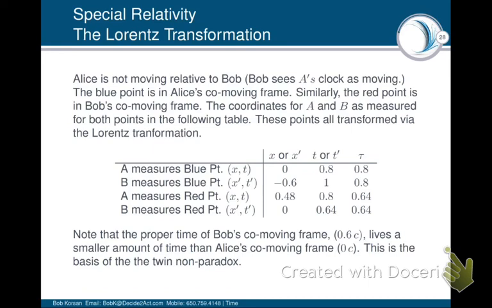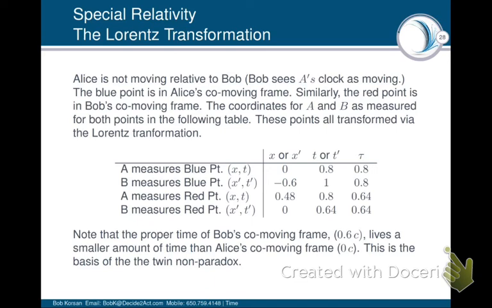And because he's moving, he has a shorter time than Alice has. Alice has 0.8 meters of proper time, whereas Bob has 0.64 meters of proper time.